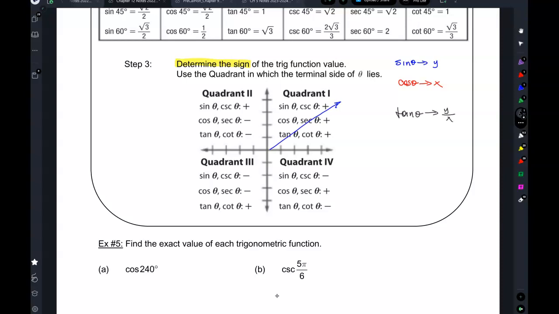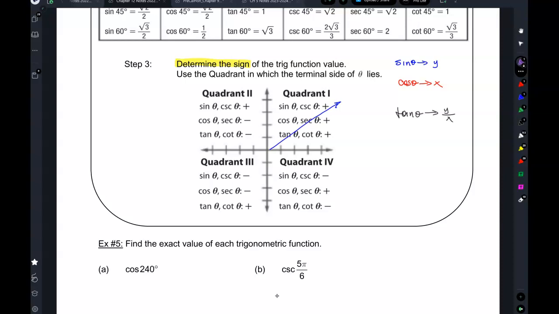So sine is associated with the y. Now, if you are in the first quadrant, are you above or below the x-axis? Above. Sine is associated with the y, right? If you're above the x-axis, what's y? Positive or negative? Positive. So if you're here, the sine of your angle is going to be positive.